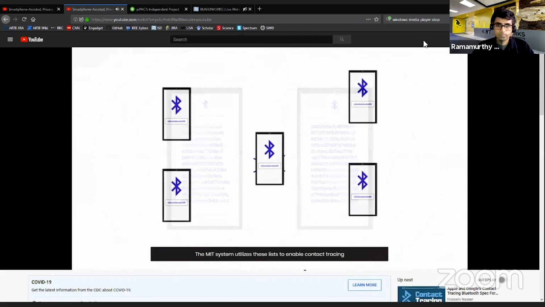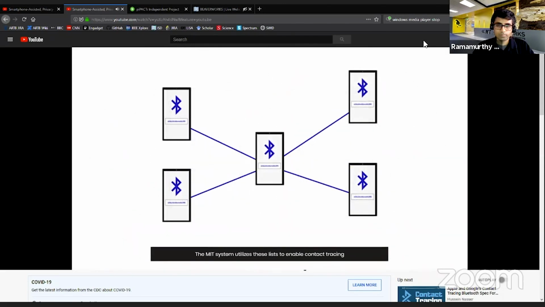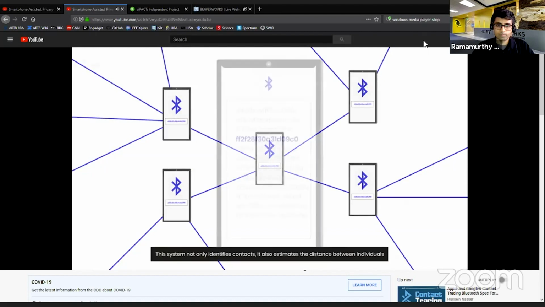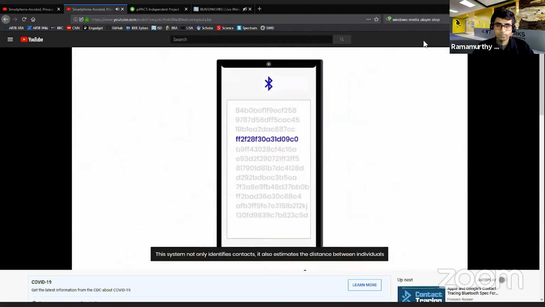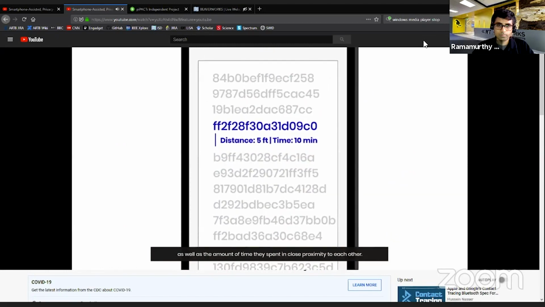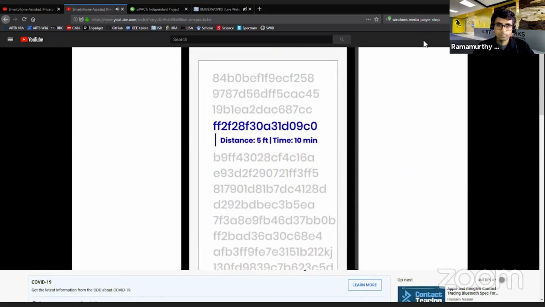The MIT system utilizes these lists to enable contact tracing for people diagnosed with COVID-19. This system not only identifies contacts, it also estimates the distance between individuals, as well as the amount of time they spent in close proximity to each other.